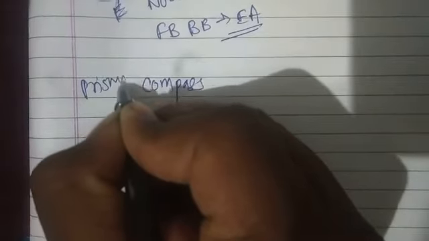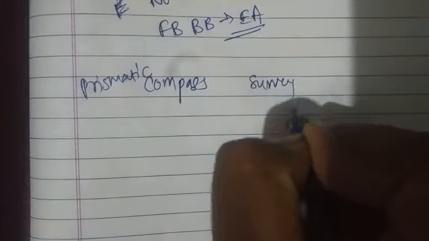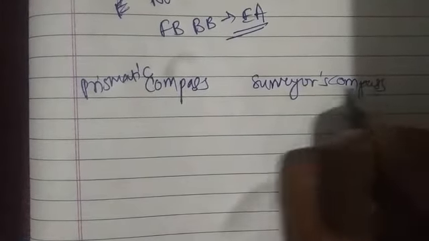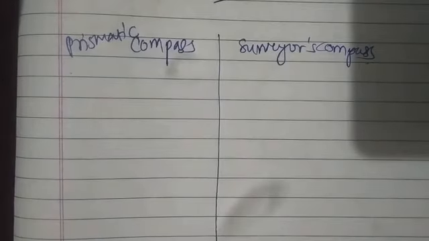Now we'll see prismatic compass and surveyor compass. These are two types of compass which are generally used on site work for measurement of bearing.